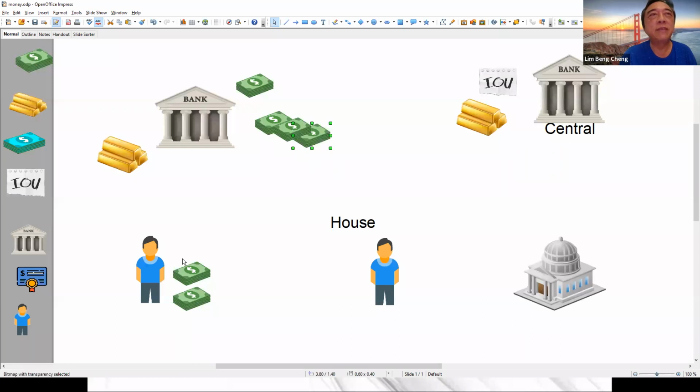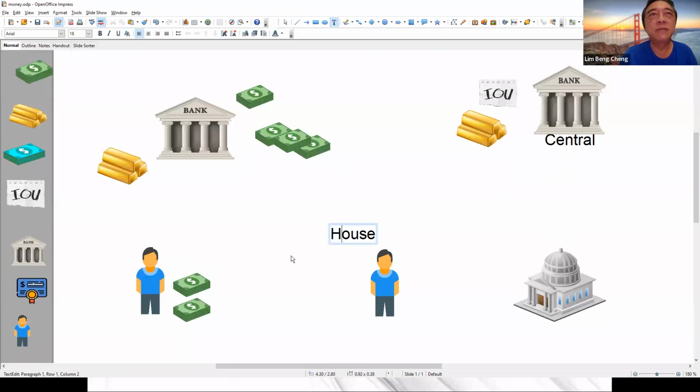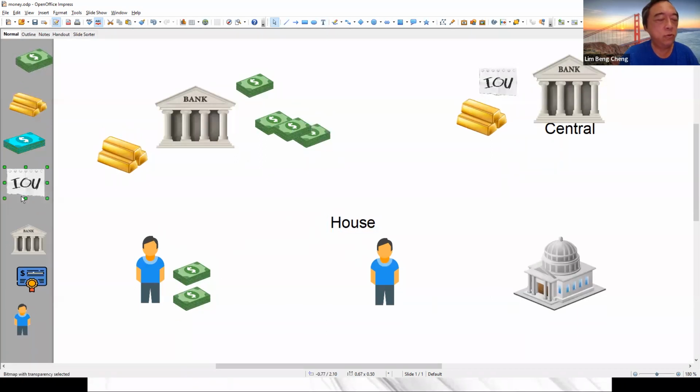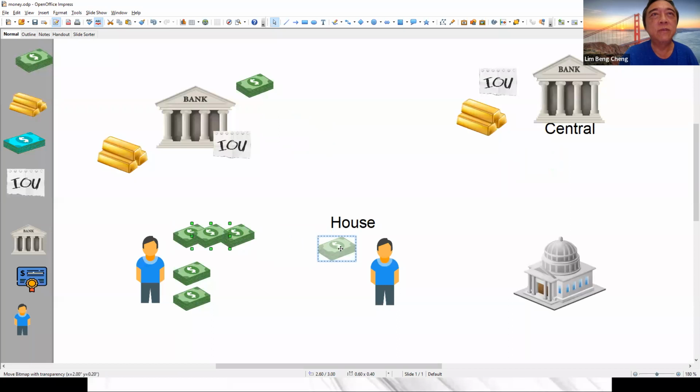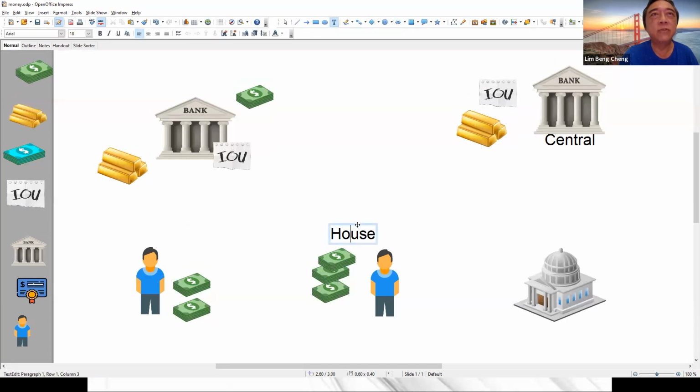So now he has the money, and this person wants to borrow the money from him to buy this house. So he will send the IOU, and then the bank will give him the money, which he can give to him in exchange for a house.